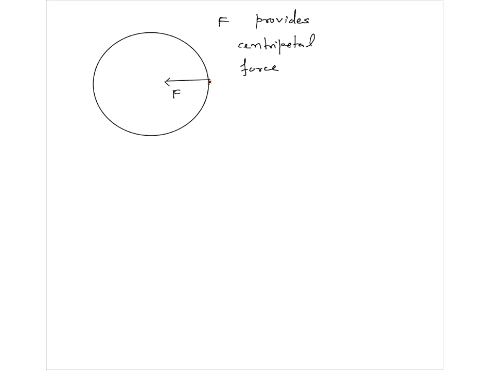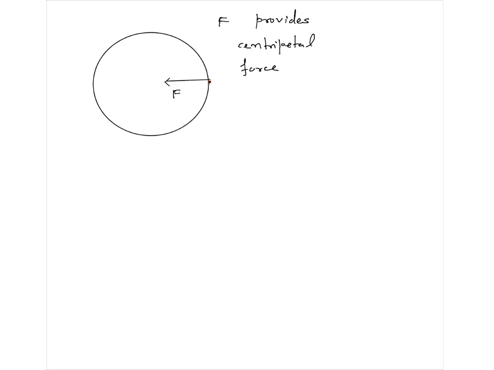When the speed does not change, only the direction of velocity changes. Magnitude does not change. In that particular case, which is a simplified case of circular motion, acceleration is towards the center of the circle.